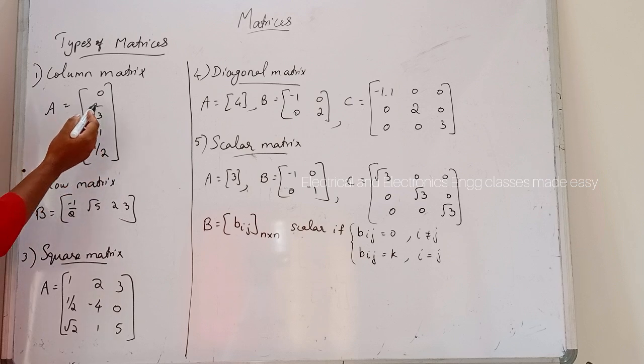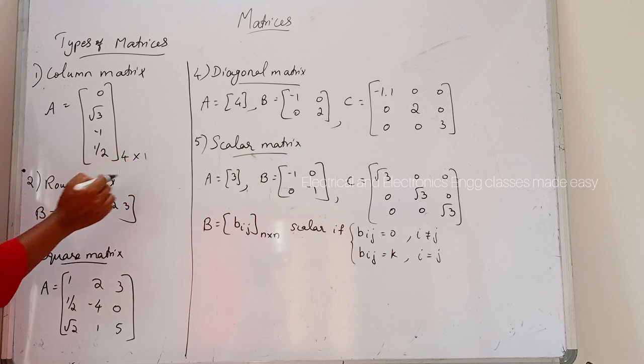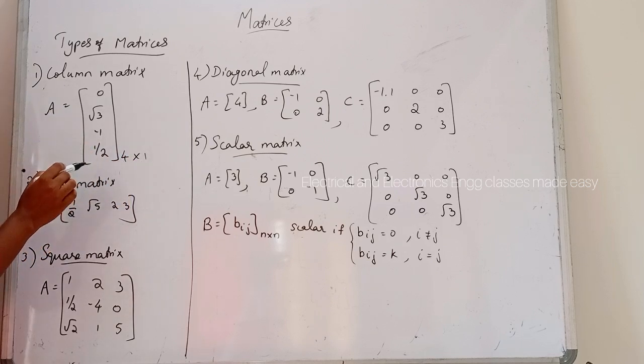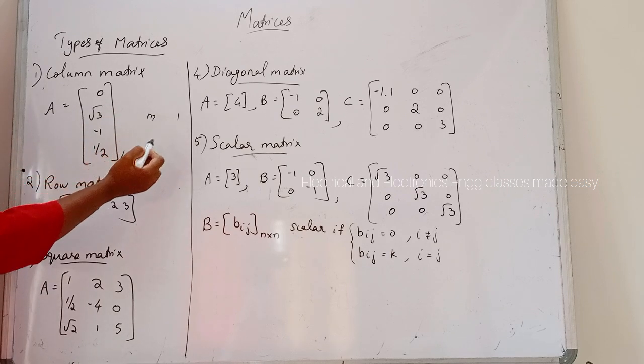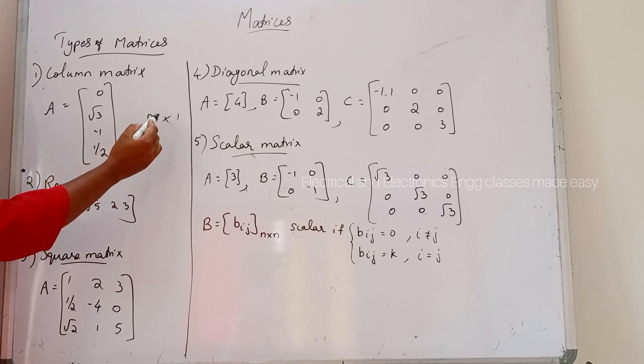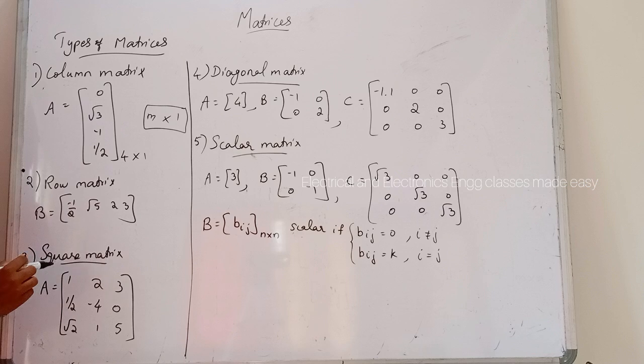And what will be the order of this matrix? There are 4 rows and only one column, so this is a 4 by 1 matrix. In general, if there are m rows and only one column, then m by 1 will be a column matrix.